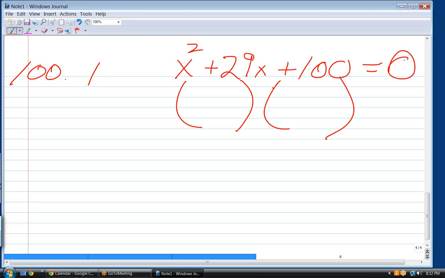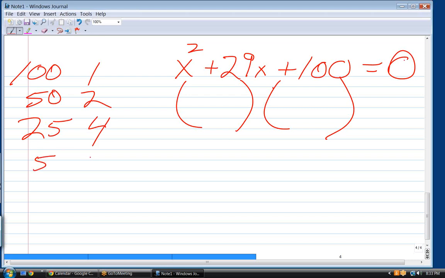If I'm looking for factors of 100, start with 1 and 100, and then cut this in half and double this. Do it again. I can't do it anymore, but I can cut this in a fifth and multiply this by 5.